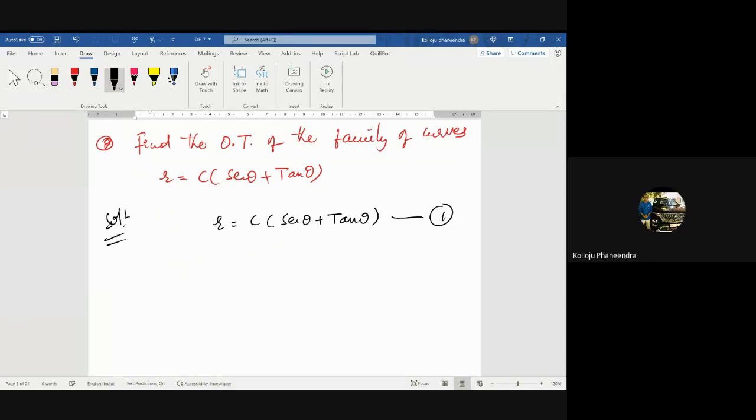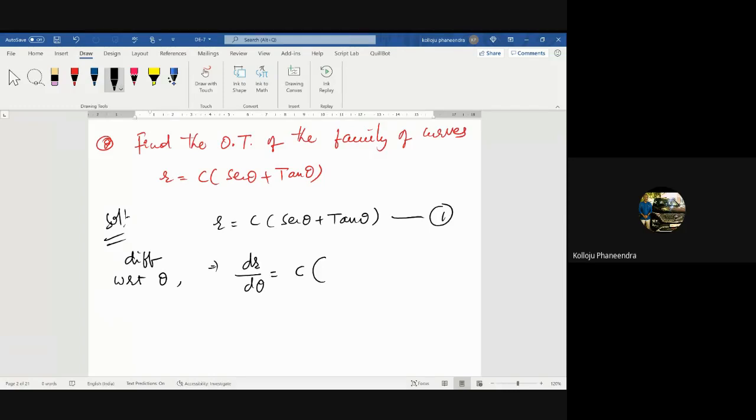Take this as equation 1. C is the parameter here. So differentiating this with respect to theta, dr by d theta equals c into, what is the secant theta derivative?